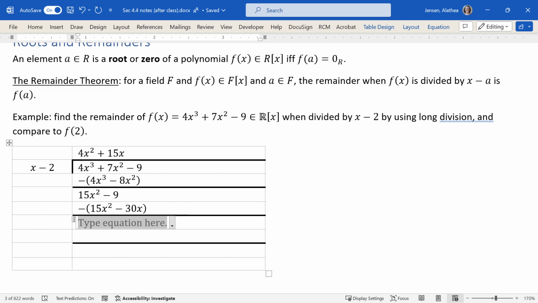So now the leading term is going to be positive 30x, and I still have the minus 9. Now up here, what am I going to multiply x by to get 30x? So obviously 30. And then multiplying by 30, that's 30x minus 60. Now subtracting, the 30x's cancel, so minus 9 plus 60, so 60 minus 9 is 51.